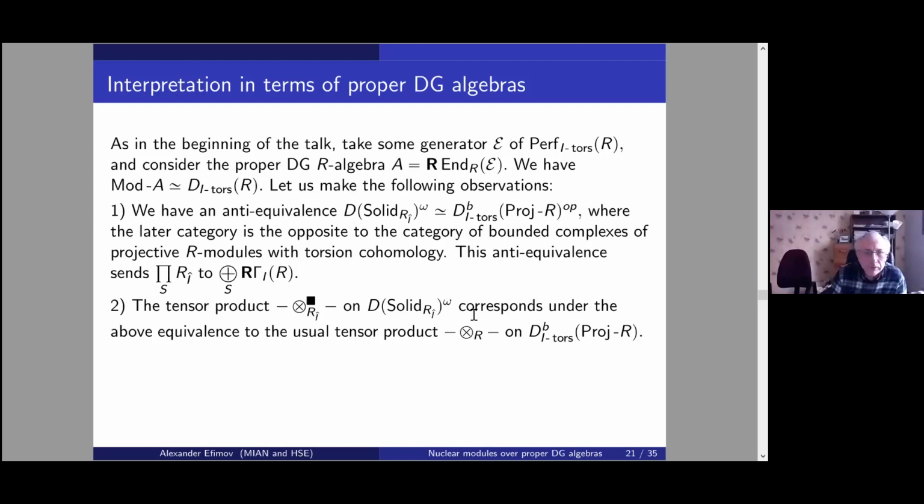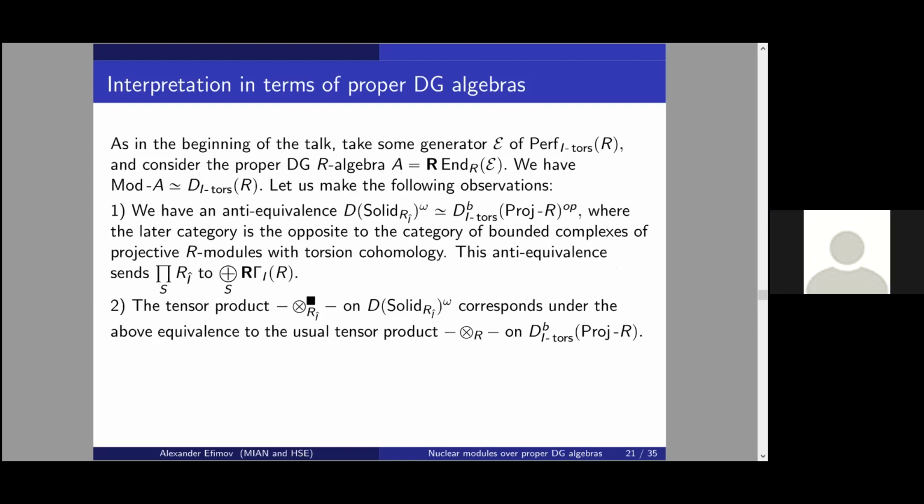Good. But projective modules are infinitely generated here. Yes, infinitely generated. What does proj R mean here? Just infinitely generated projective modules. Over which ring?